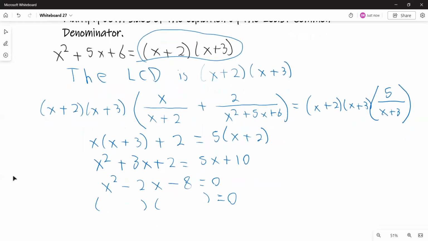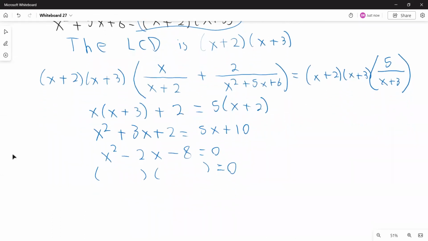This quadratic equation factors as x minus 4 times x plus 2. The solutions of the resulting quadratic equation are 4 and -2.